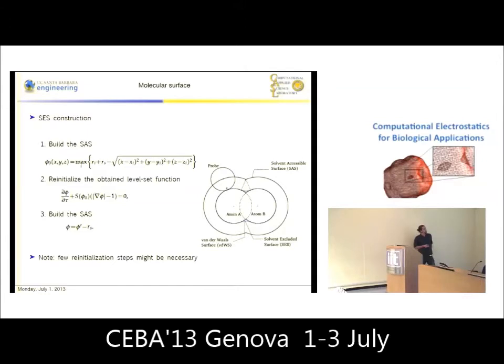So if we know the signed distance function for the SAS, we can compute the SES simply by subtracting the radius of the probe from the reinitialized level set function corresponding to the SAS. So this method is pretty straightforward and numerically pretty efficient.